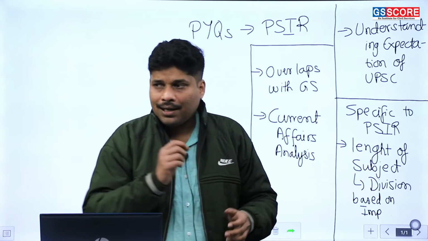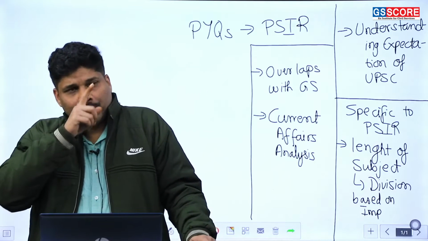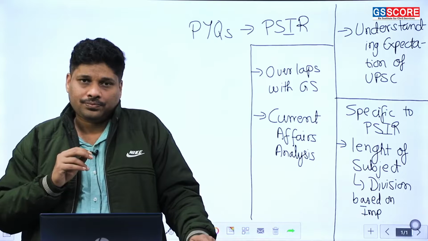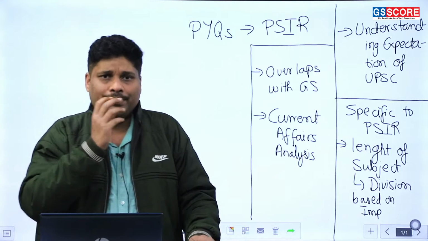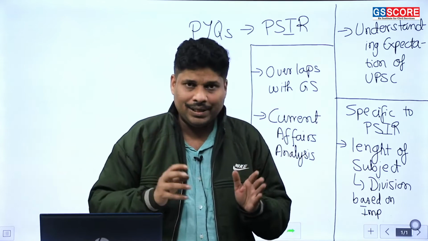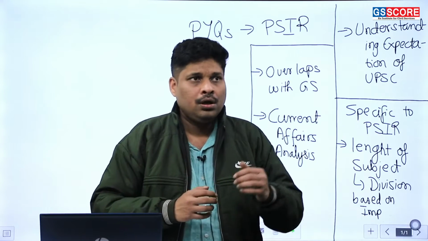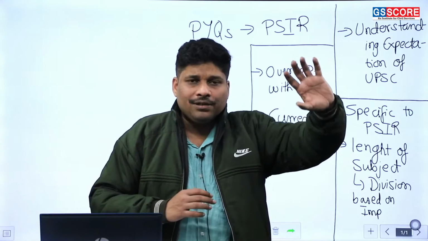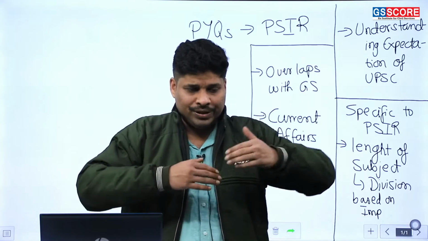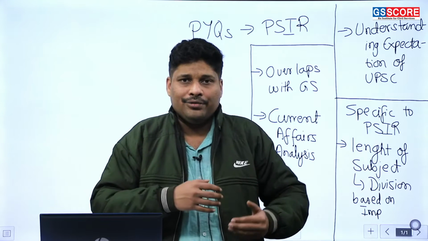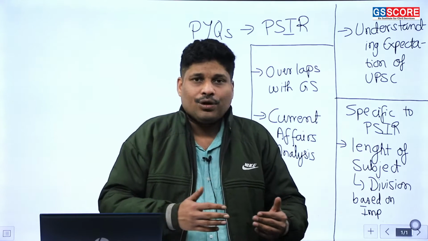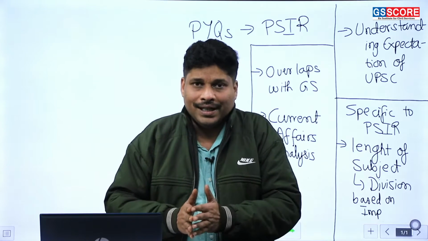It is my job to tell you that if a particular static pointer is provided, for example democracy, it is a dynamic idea, I know, but it is a static concept. When you study democracy in PSIR, what do you study? You study when it started, how it evolved, what ideas got into democracy, what are the different types of democracies.